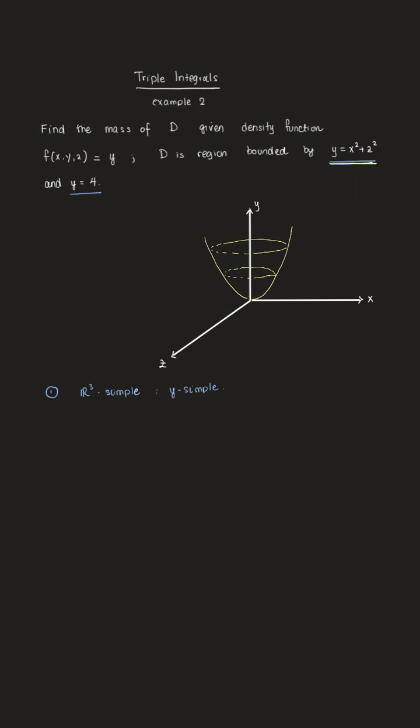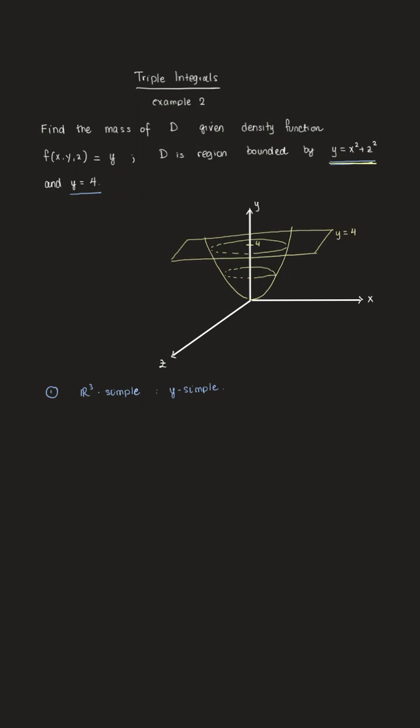Okay, and y equals 4, well, x and z vary from negative infinity to infinity, so y equals 4 is a plane parallel to the xz plane. And so if I call this 4, then you can imagine maybe having a plane here that intersects our surface, and this plane has equation y equals 4.